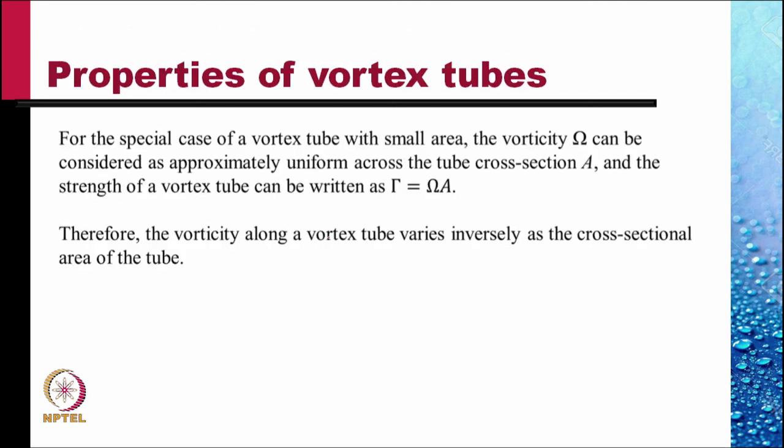For the special case of a vortex tube with small area, the vorticity omega can be considered as approximately uniform across the tube cross section A, and the strength of the vortex tube can be written as gamma is equal to omega times A. Therefore, if we stretch the vortex tube, and since it is a material tube, it consists of the same material.